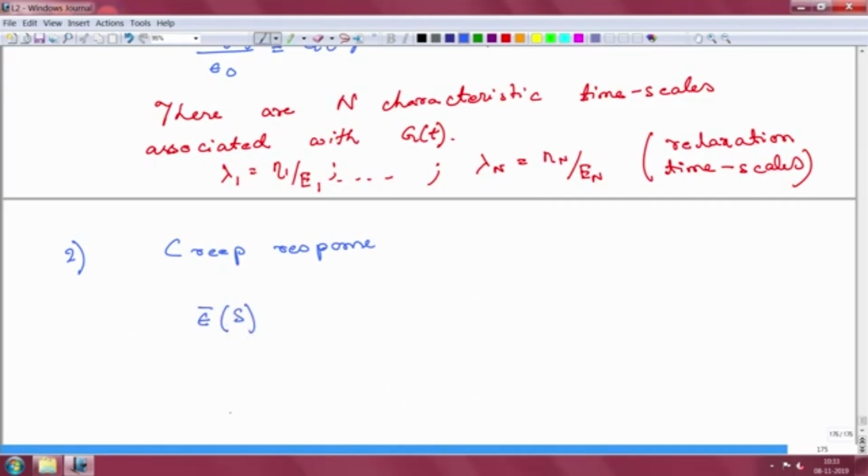You are looking for epsilon, the Laplace of the strain, and that is going to be some sigma naught by s, and the numerator and the denominator will be flipped this time.